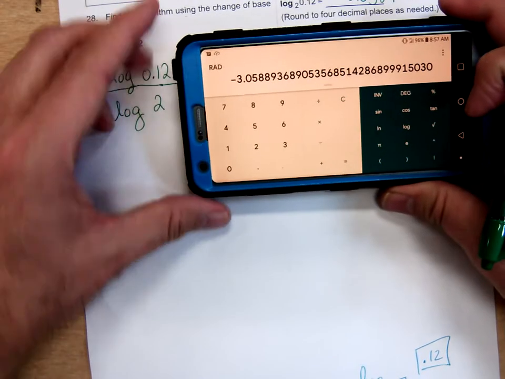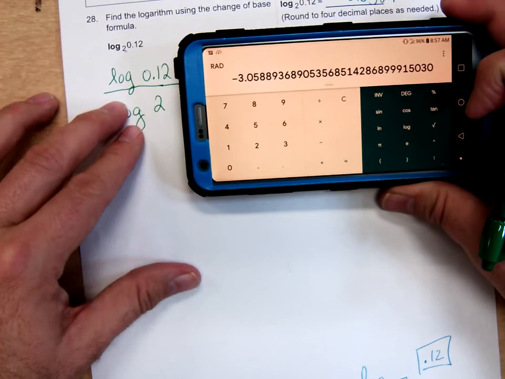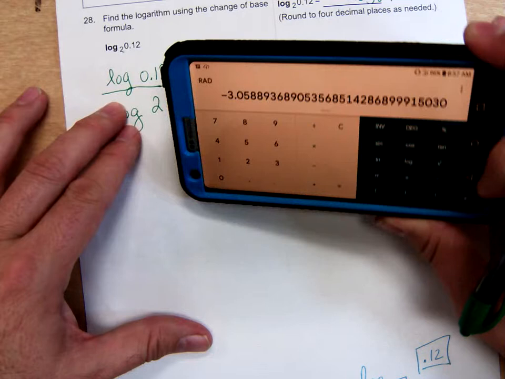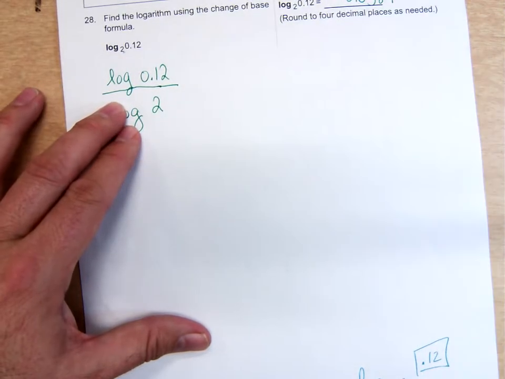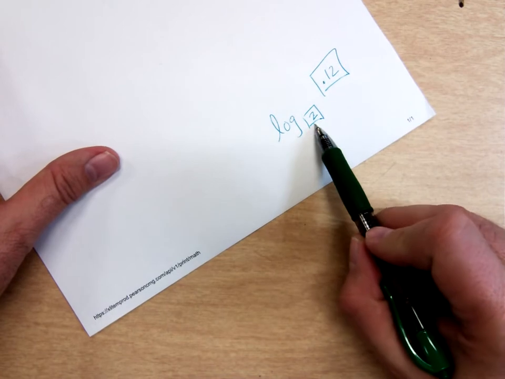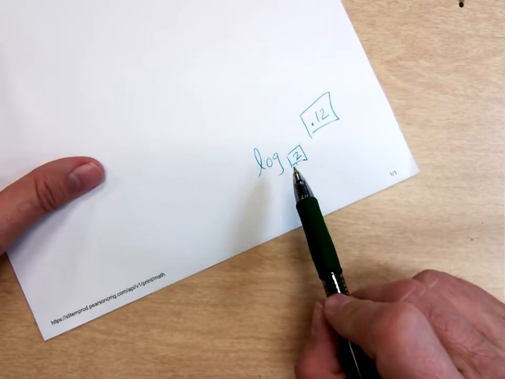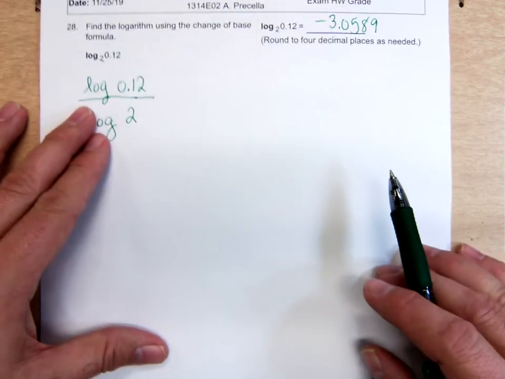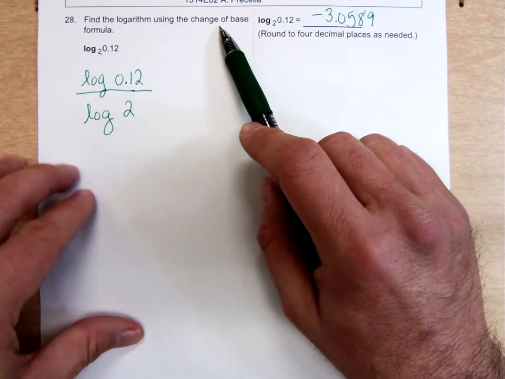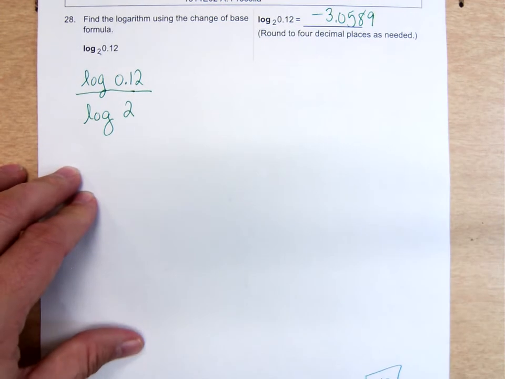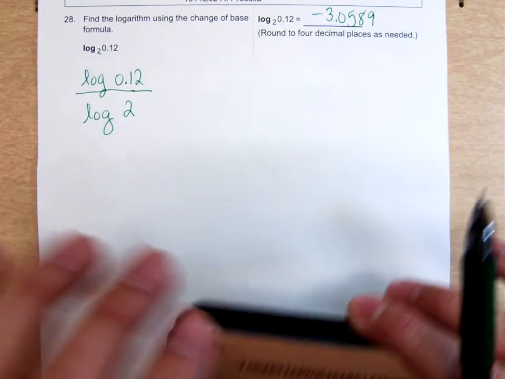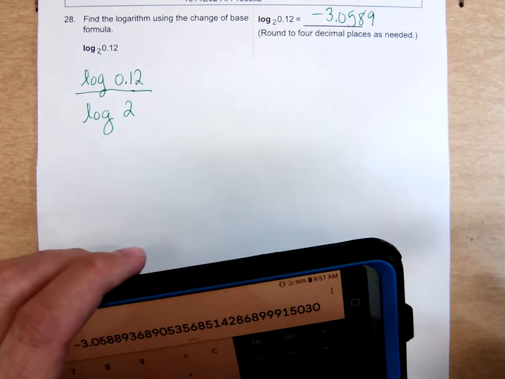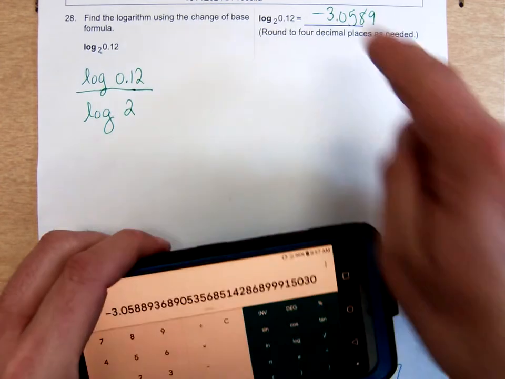This is how you punch in a logarithm with a base other than 10 or an ln. If you have this key, then you don't really need that change of base formula. Okay? If you don't have that key, then you need the change of base formula. I should go ahead and mention it doesn't really matter whether you use LOG or LN. You'll still get the same final answer.